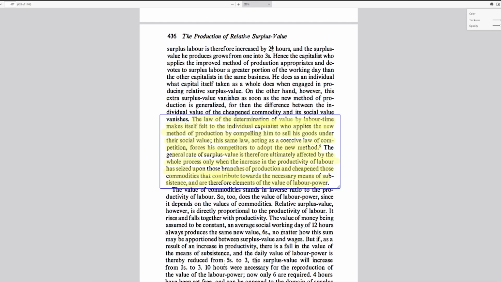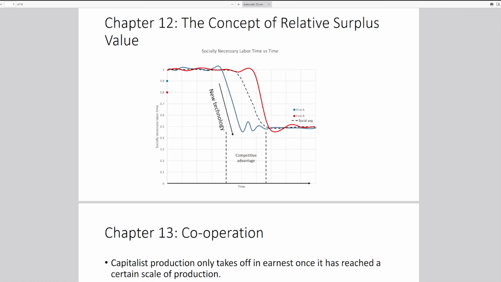And by the way, if anyone runs into the aggravating liberal talking point of, oh, but what about this good capitalist, right? What about this person I've worked for or that I know who treats their workers well and blah, blah, blah. Well, guess what? The laws of competition are pretty coercive.